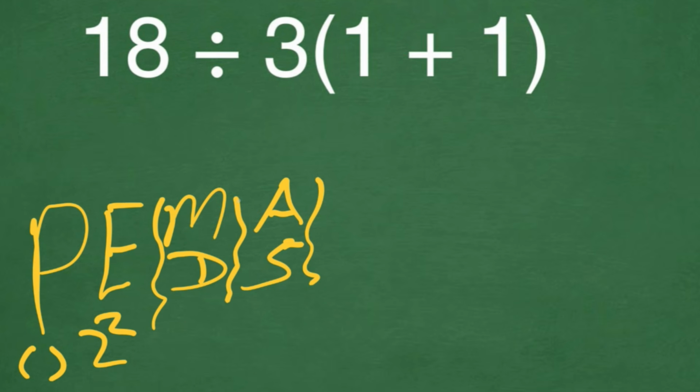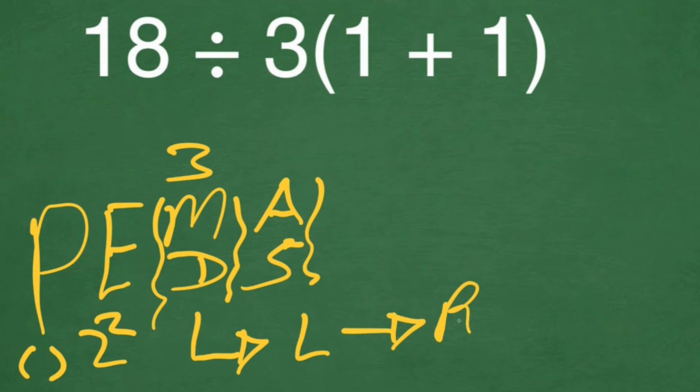Here is where most people get it wrong. Multiplication and division have equal priority, right? So they are priority number 3, and they have equal weight to solve an equation. So if we encounter multiplication and division, we have to solve the problem left to right, whichever comes first.